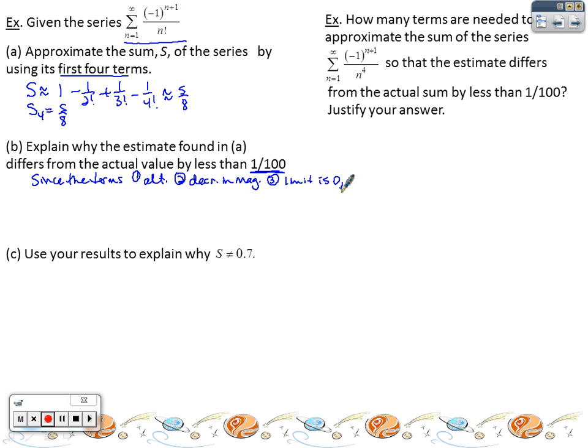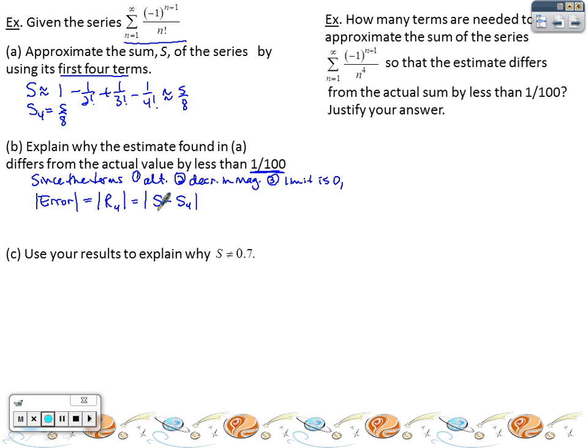Now I'm going to write down 3 different ways to show error. This is one way you'll see it. Absolute value error. That's one way. Another way you might see it is with the R, and we're doing the fourth partial sum, so you might see it as absolute value of the remainder, the fourth remainder. Or you also could see it S minus S sub 4.